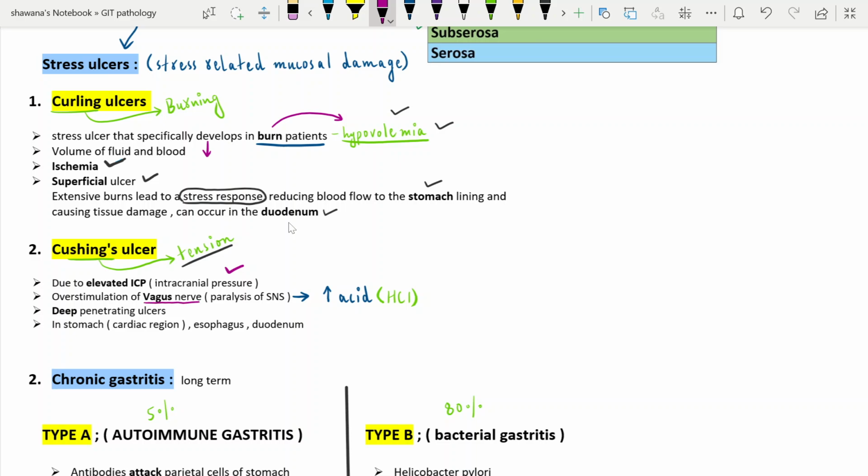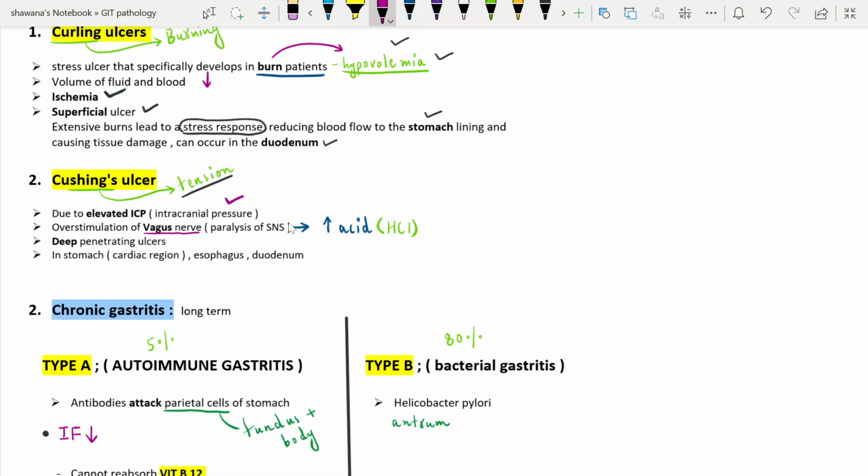As you know, the vagus nerve has parasympathetic supply to most of our body organs and tissues, and it is a parasympathetic nerve overall. When the vagus nerve is pressed, it results in overstimulation of this nerve, and in the paralysis of the sympathetic nervous system. But in contrast, the parasympathetic nervous system is overstimulated.